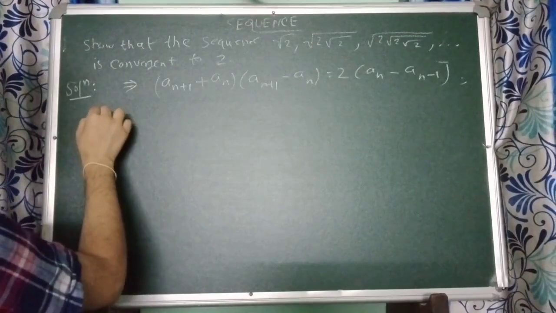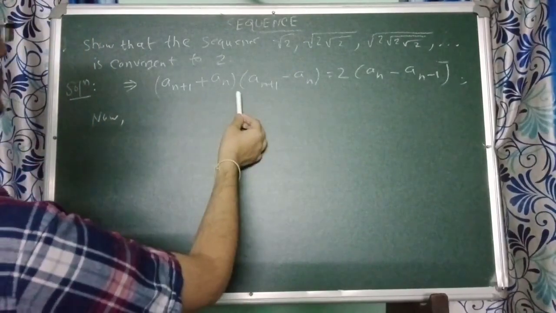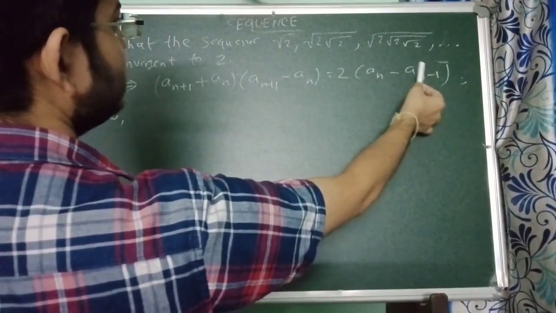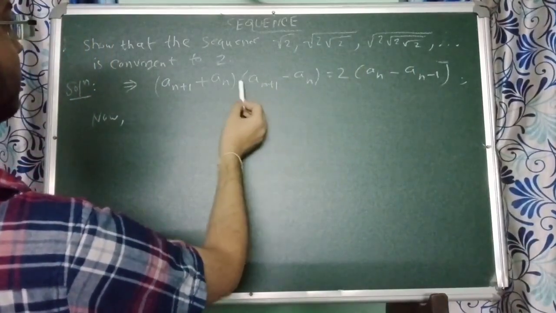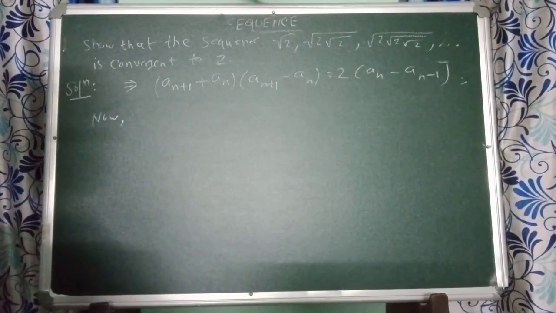Now we see that when this part is a positive quantity, then this part is also positive, altogether positive.